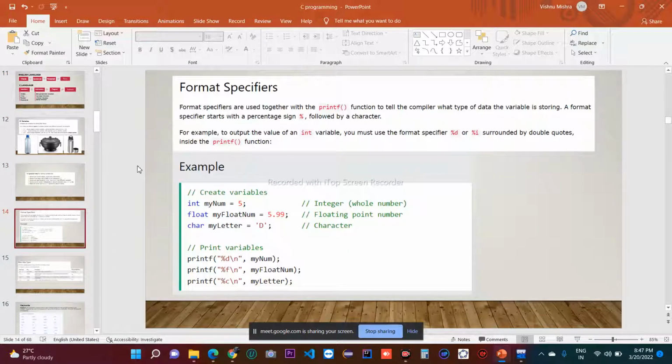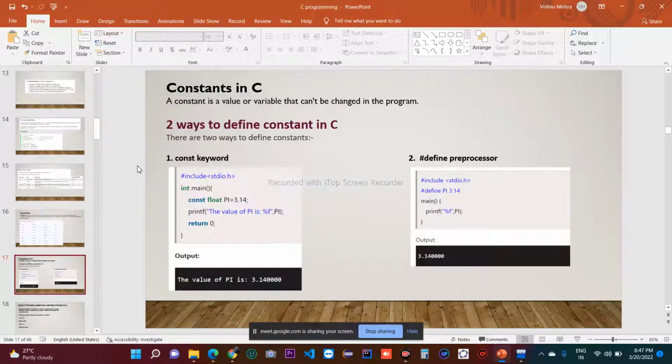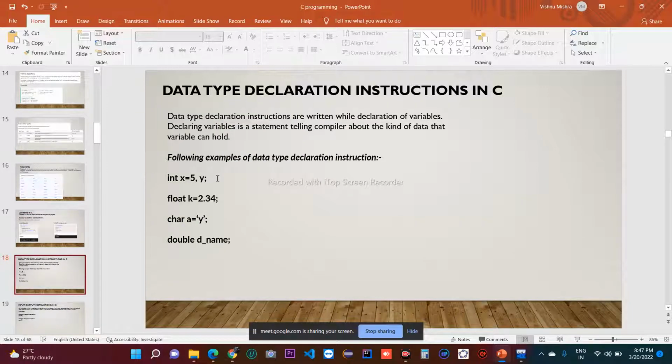Those are what we were studying in the last class. Declaration statements like int x is equal to 5 or float k equal to 2.34, in which we declare the variables.